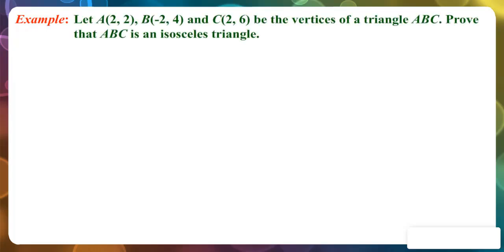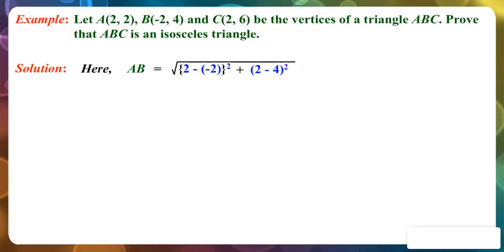Let's take the next example. Let A (2, 2), B (minus 2, 4), C (2, 6) be the vertices of a triangle ABC. Prove that ABC is an isosceles triangle. Let's solve this. Here AB is equal to the square root of (2 minus minus 2) whole square plus (2 minus 4) whole square, which is equal to the square root of 4 square plus 2 square, which is equal to the square root of 20, which is equal to 2 root 5.